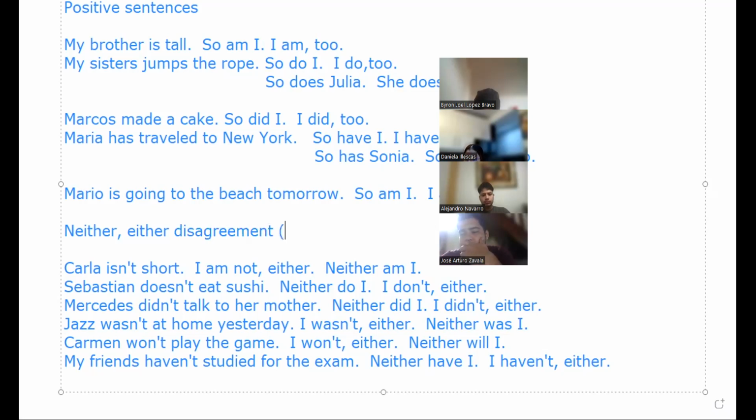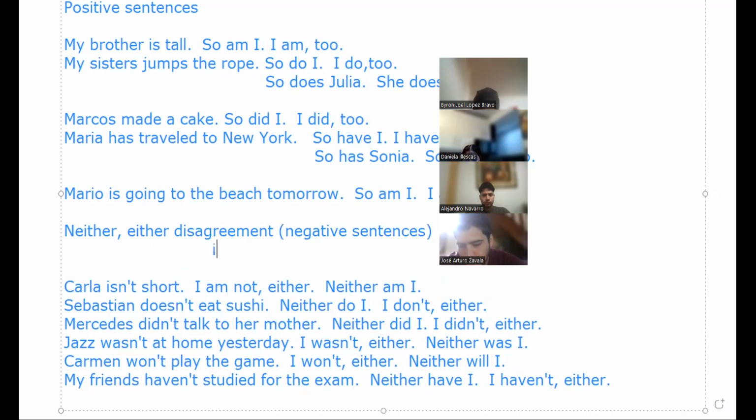Disagreement, remember, negative sentence. I will put here, remember, when you have, for example, either, you have subject plus verb plus either, right? Or auxiliary in this case.